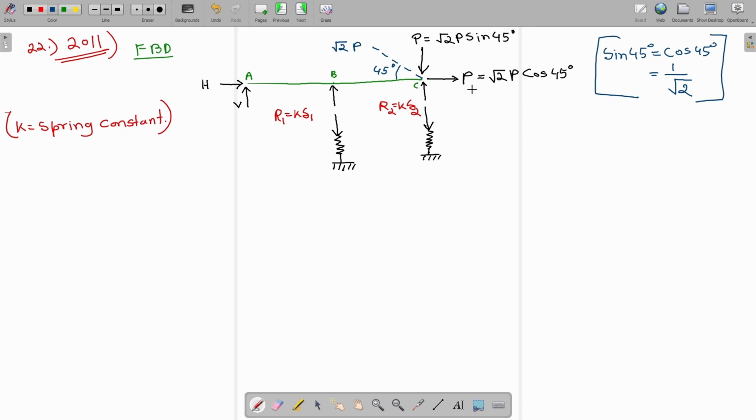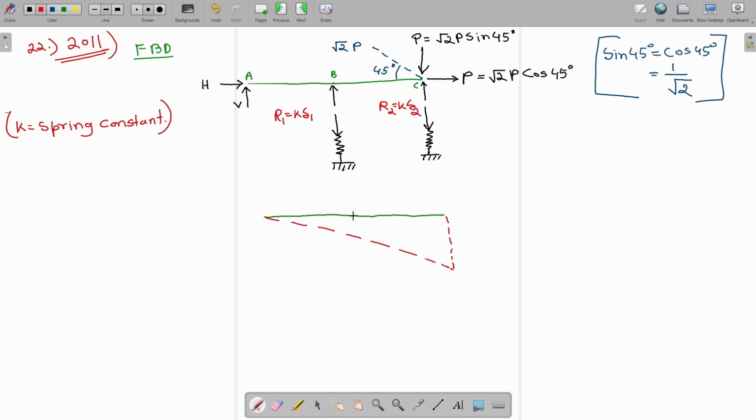This will be the free body diagram. Now let us draw the deflected shape of the beam. If this is the same beam, then after deflection, this is the deflected shape of the beam.